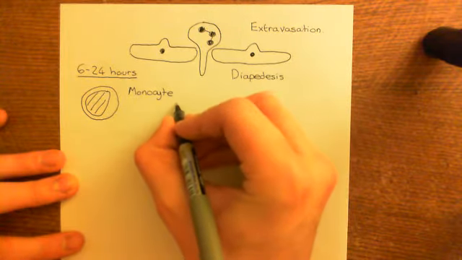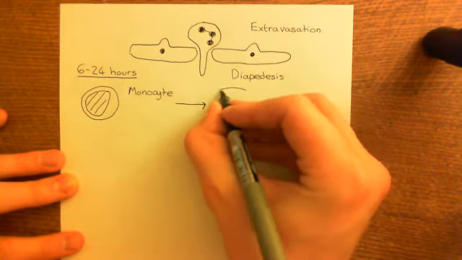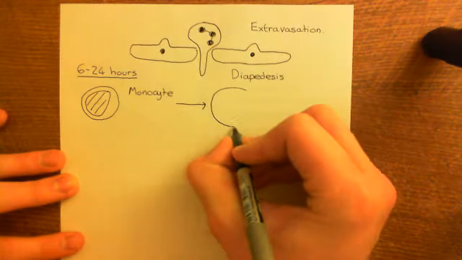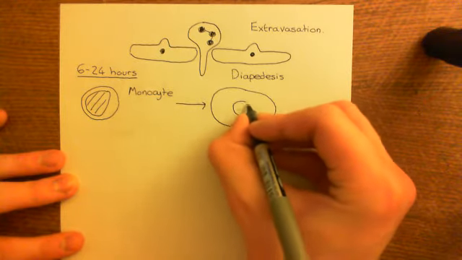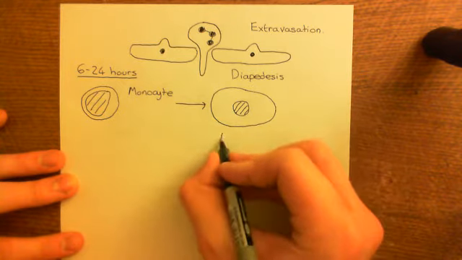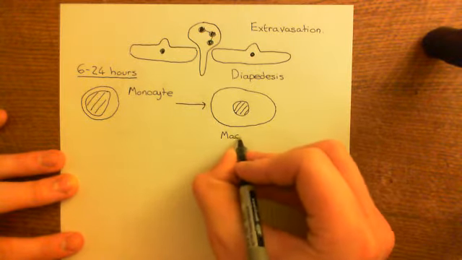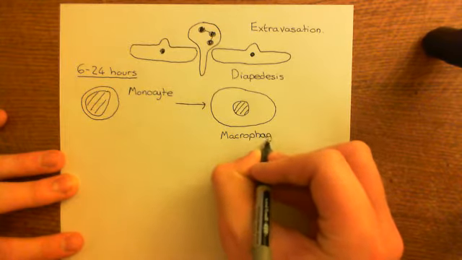Now, when it's in the interstitial fluid, it's going to differentiate into a different cell type known as a macrophage. Now macrophages too are phagocytes, but they're a more expensive phagocyte than the neutrophils.